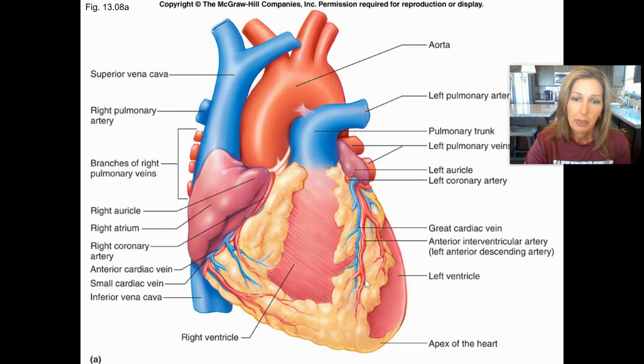Also, with a real heart, hearts do have fat embedded around them. And we'll talk about coronary artery disease. Coronary artery disease causes a high majority of heart attacks, when this coronary artery starts getting blocked with plaque due to atherosclerosis, and we get limited blood supply getting to the heart.